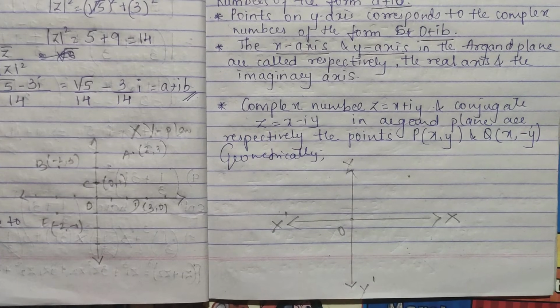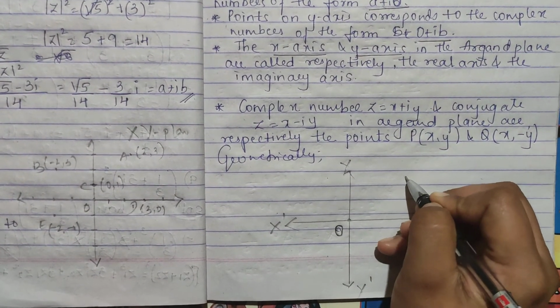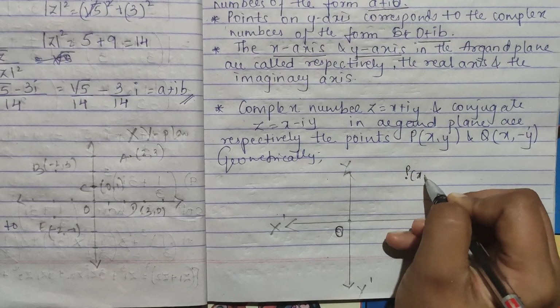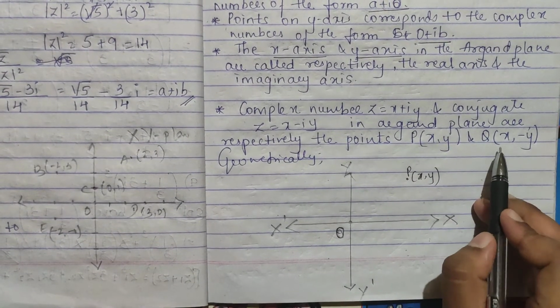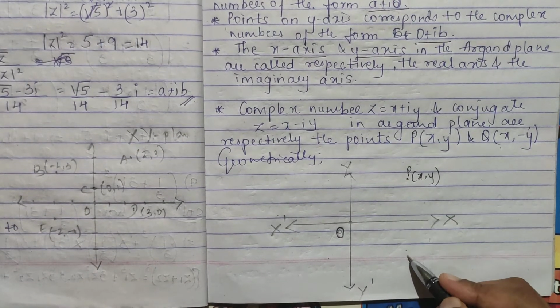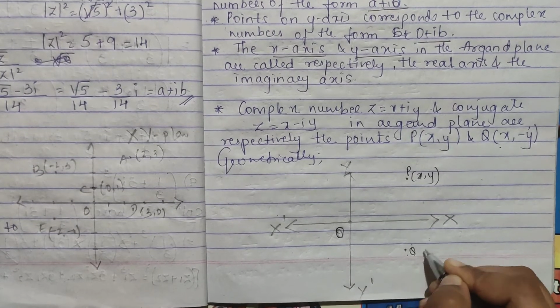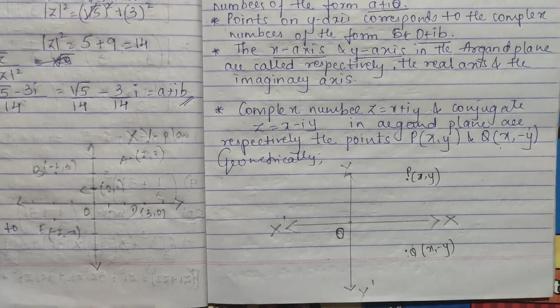Now geometrically, if they are telling me to represent, this is our O, and suppose our point P (x, y) is here somewhere. Similarly, Q (x, minus y) will be here: your x is here somewhere, and minus y. So, this is Q (x, minus y), right.